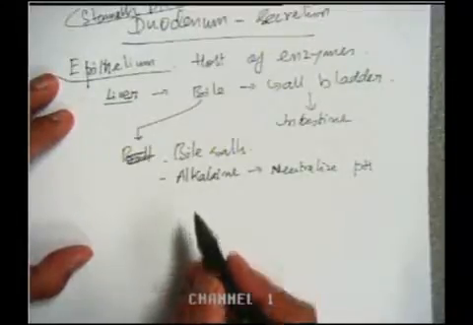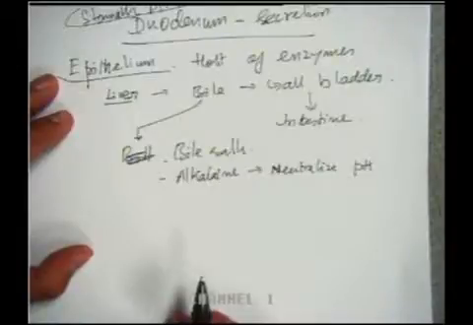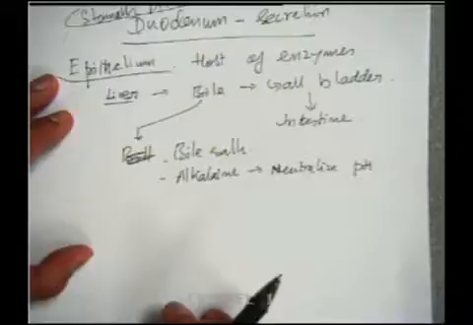They cannot work in low pH. How many of you have done biochemistry? Have you done enzyme kinetics? Depending upon the pH, you need an optimum pH for an enzyme reaction.